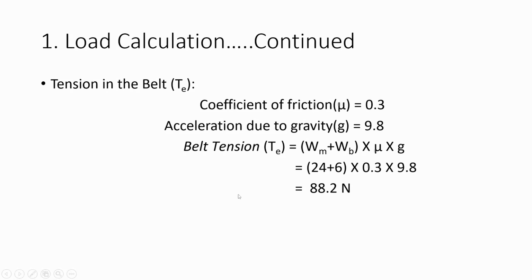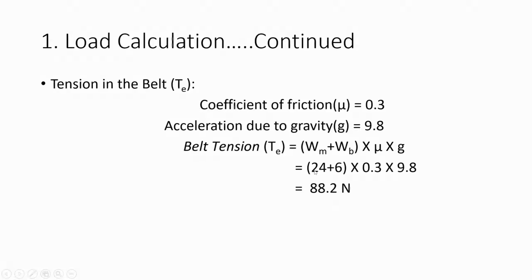Now tension in the belt. Coefficient of friction, I am taking 0.3. This is the typical value for friction between PVC belt and steel sheets, so we can take 0.3, and the acceleration due to gravity is 9.8, and the belt tension formula will be equal to (Wm plus Wb) into mu into g.